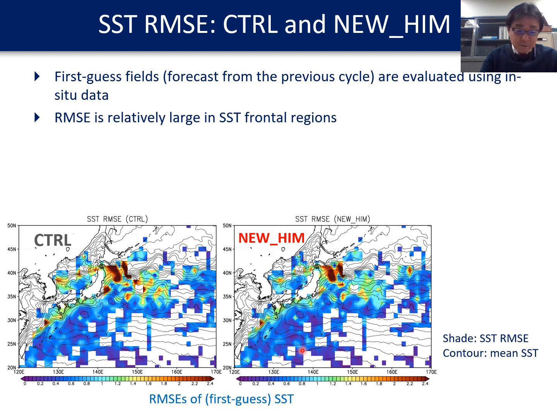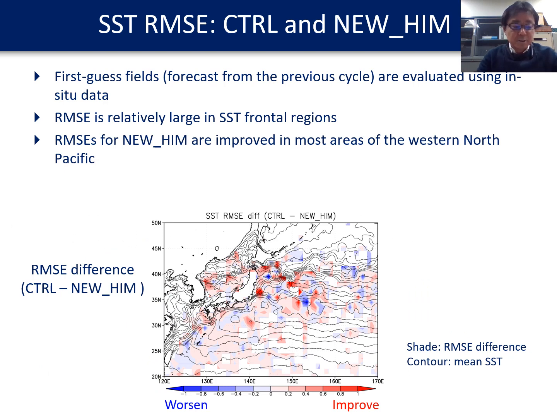You see that the RMSE is relatively large in SST frontal regions, such as around the Kuroshio Current and the region east of Japan. And we then take the difference between them. So this figure shows the control minus new HIM RMSE. Red color indicates RMSE reduction in the new HIM experiment. You see that RMSE for new HIM is improved in most areas of the western North Pacific region.